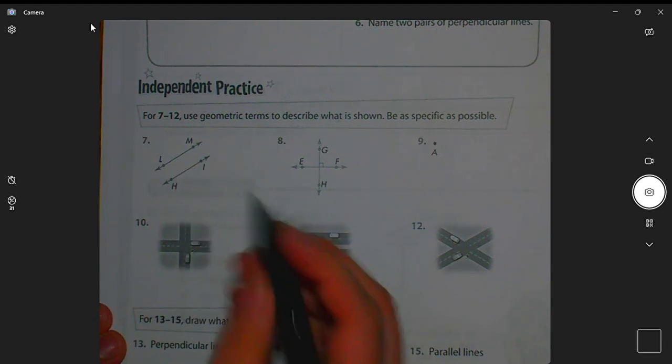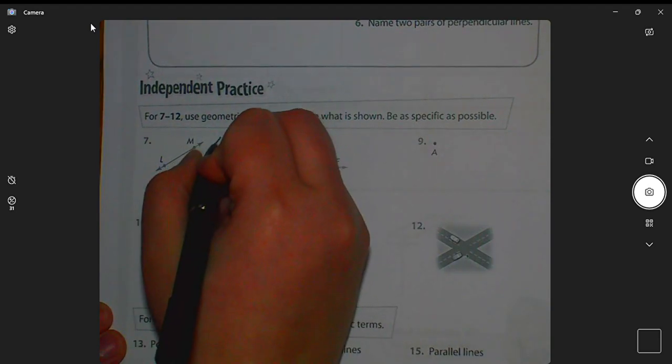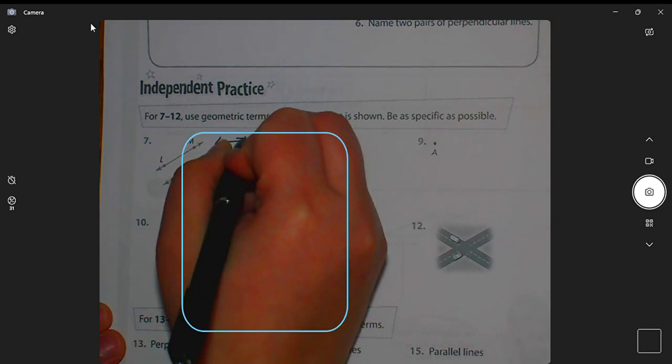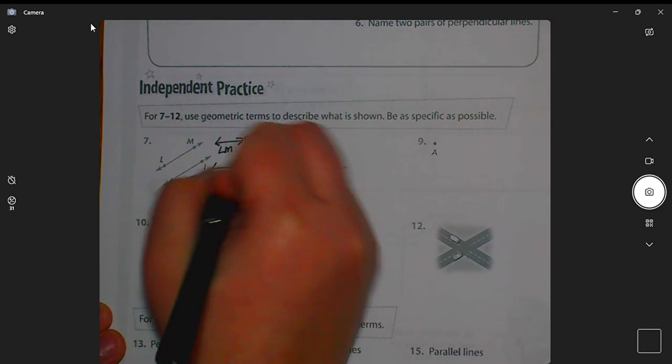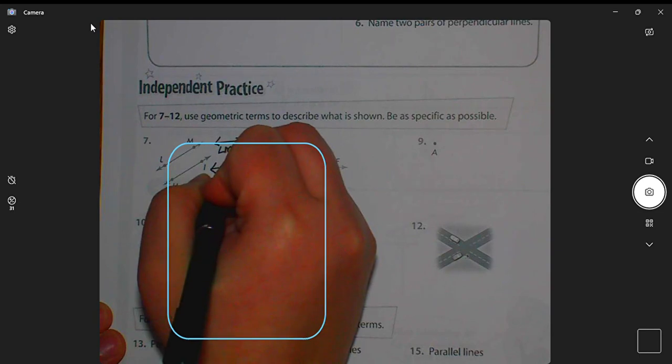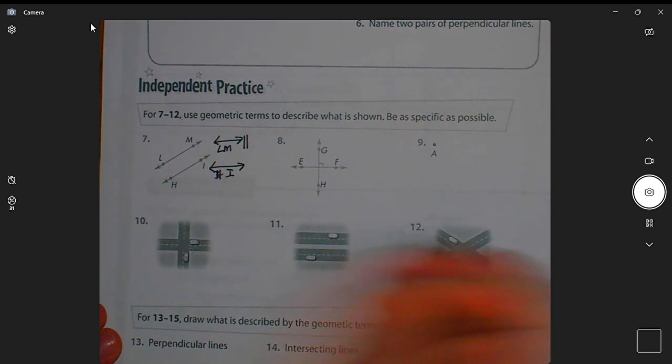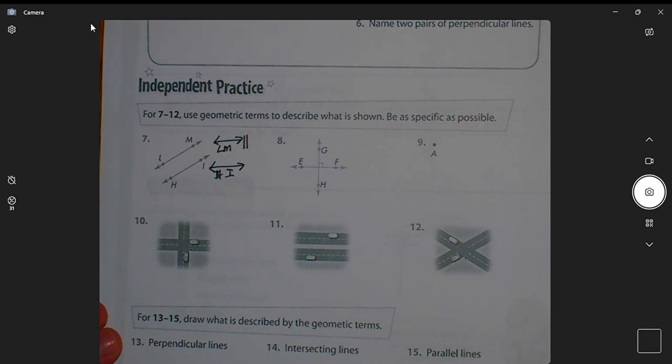Yes. So if I wanted to write it, I would say line LM is parallel to line HI. Line LM is parallel to line HI.